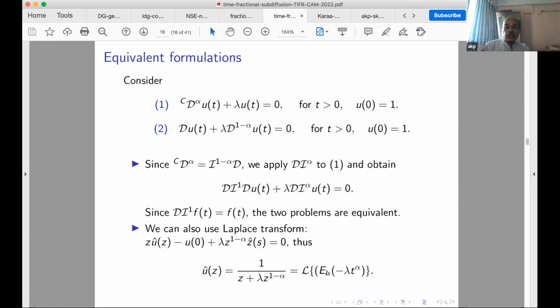So it doesn't matter. If you do one, the other can be done. But if there is a non-homogeneous term, then there is a difference, because there will be some singularity. When you go from here to here, there is some interplay we have to do.